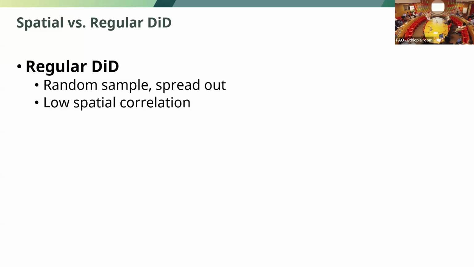What is a spatial diff-in-diff? What happens when you come into space? So normal DID, which is going to be familiar to all the economists, certainly, and a lot of other policy evaluation experts, is usually where you imagine some kind of, not necessarily a random sample, but at least a sample that's spread out, and spatial correlation is generally low to the point where you don't have to necessarily worry about it. It's not that treatment is in any way correlated with space.